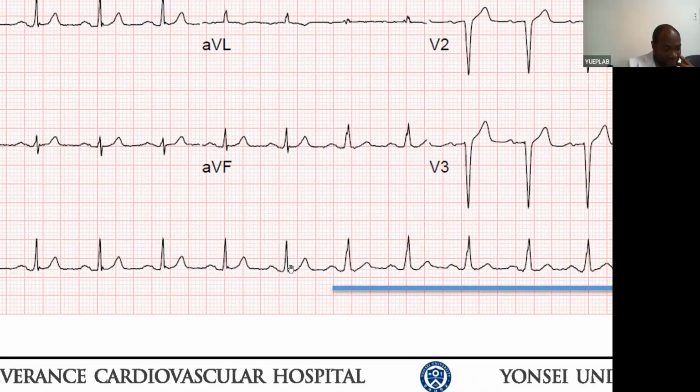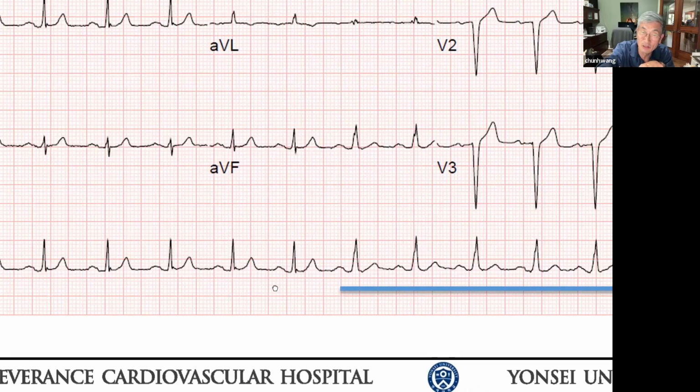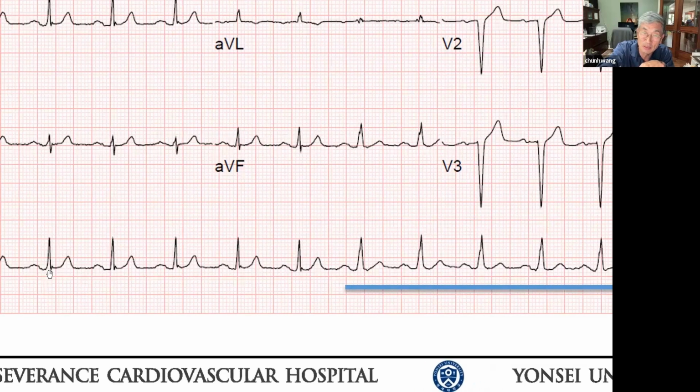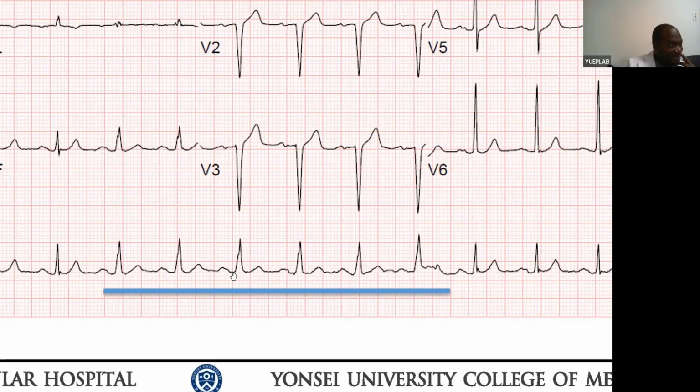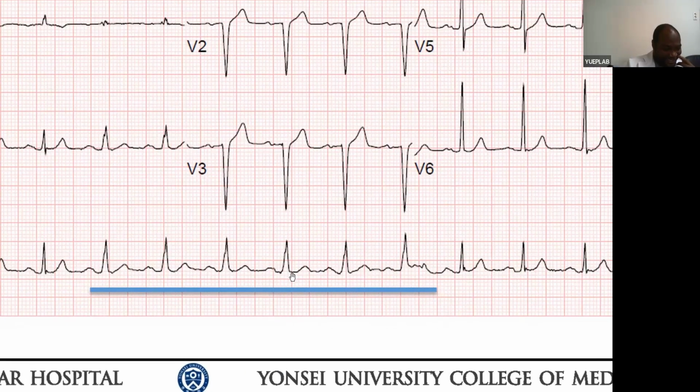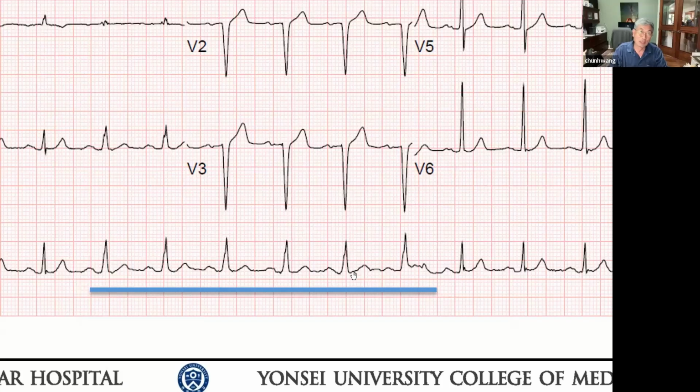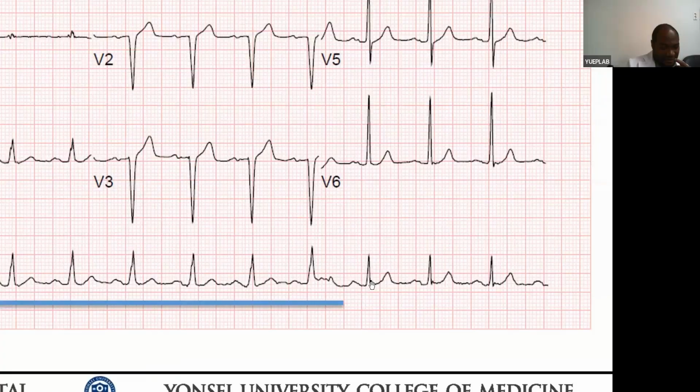The next one is there, the third one is smaller, tiny. The next one, no. At the very end of the QRS there's a small notch, and then the next one disappears. Keep looking. You have a good imagination, you can see it. Good lesson for you guys.